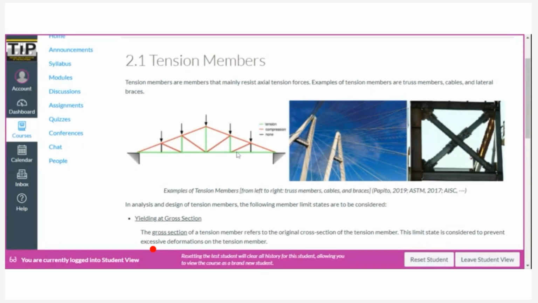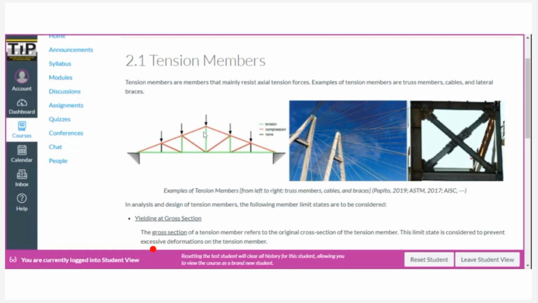So as we know, trusses are structures that are built with axial members. So meaning the members of a truss should only experience either axial tension or axial compression. So in this particular case, some of the members here experience axial tension.